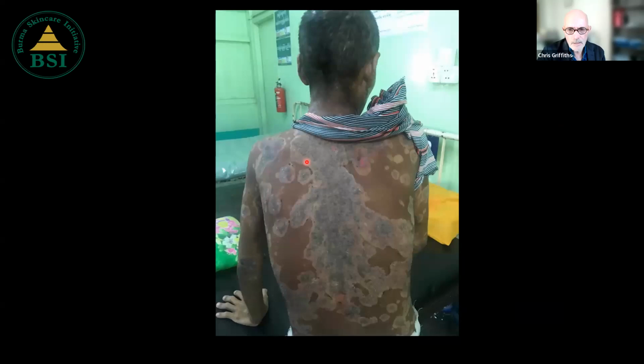So this is a man that Dr. Lewin and I saw in Myanmar last time we were there, and he has had this rash on his back, also on the chest as well. Anyone want to have a go at describing what they can see here?